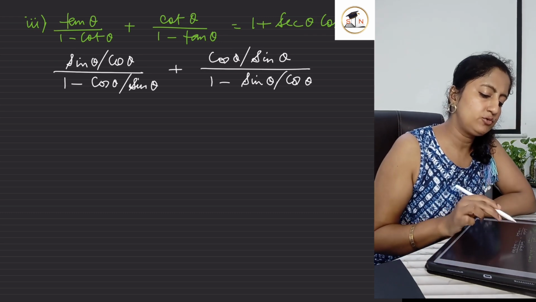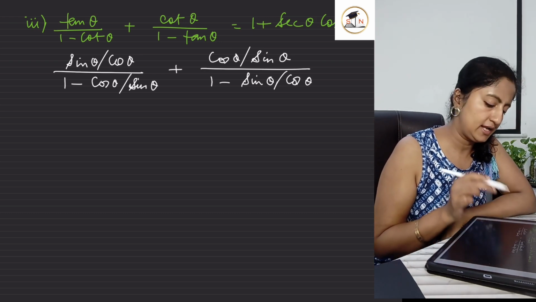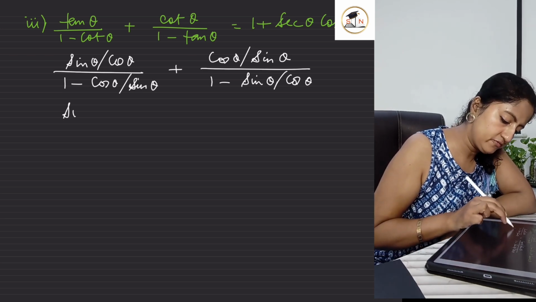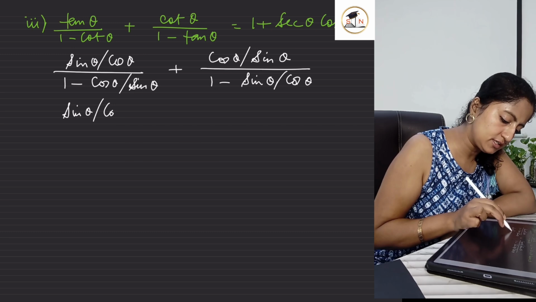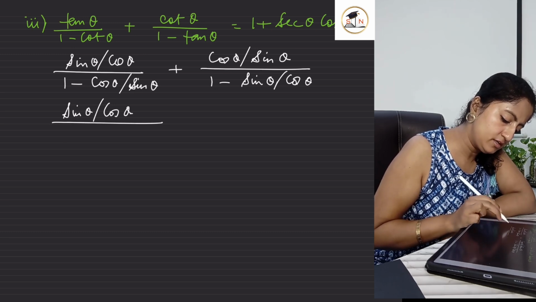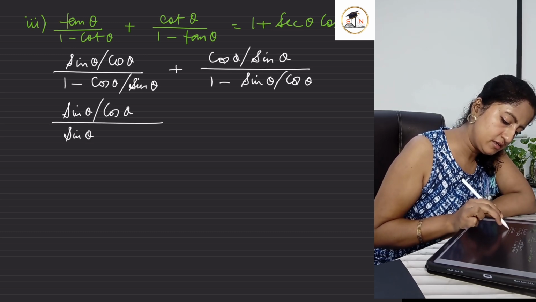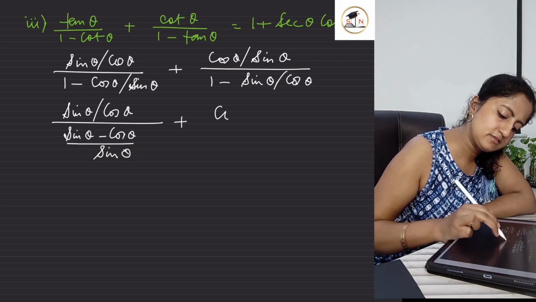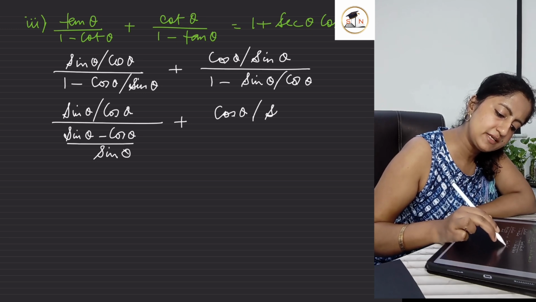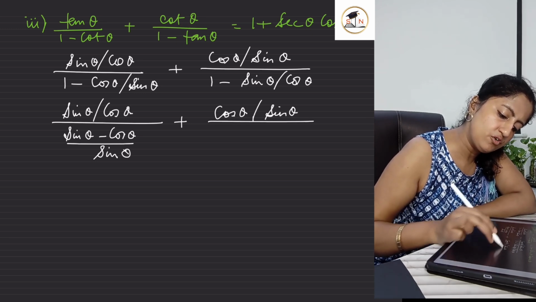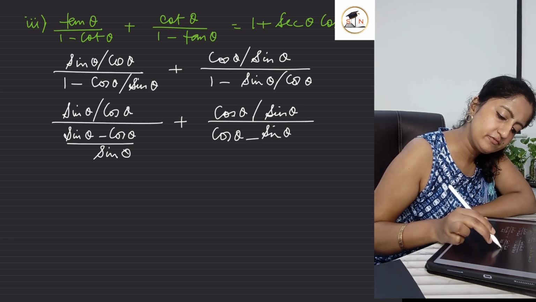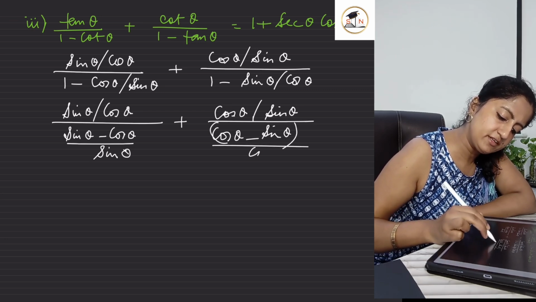Over here, I'm going to leave the numerators as it is and I'm going to solve the respective denominators. Sine theta over cos theta over sine theta minus cos theta whole by sine theta, plus cos theta by sine theta over cos theta minus sine theta whole divided with cos theta.